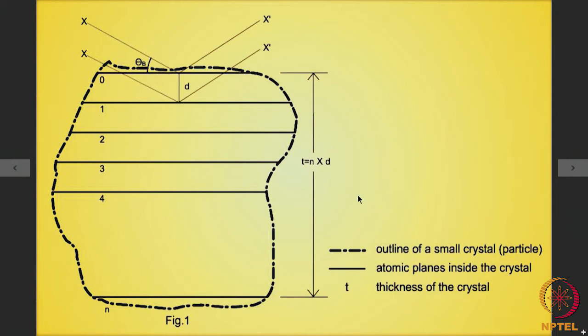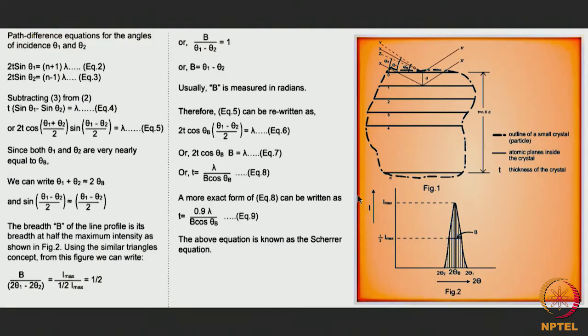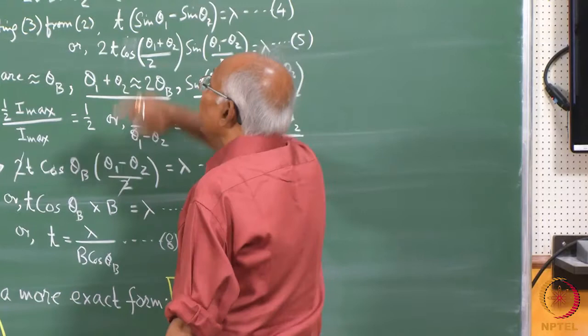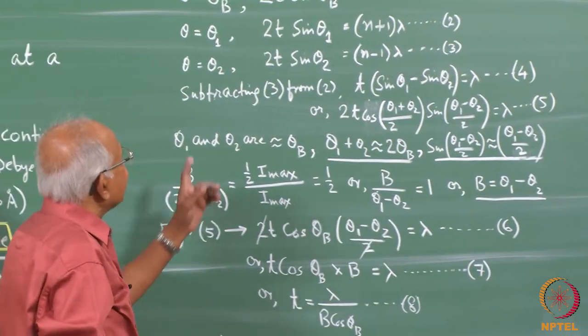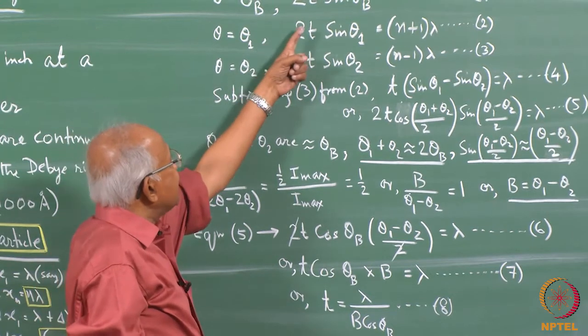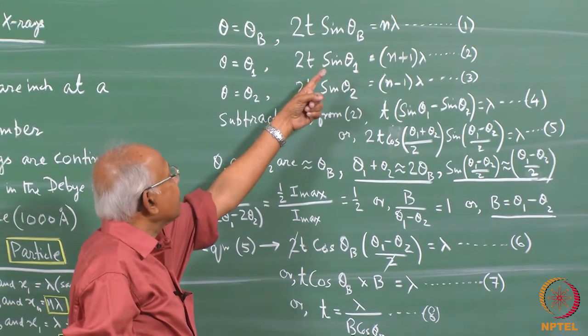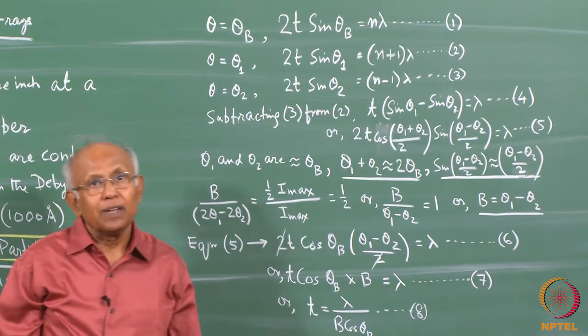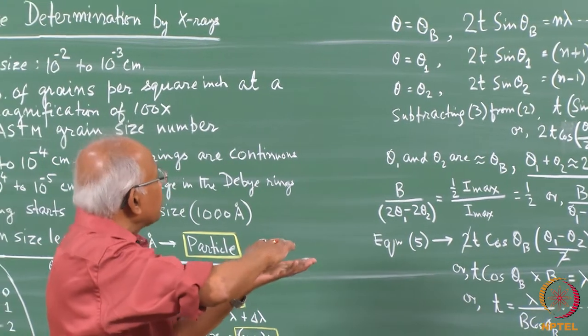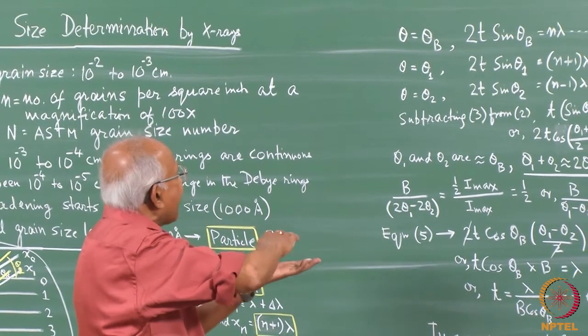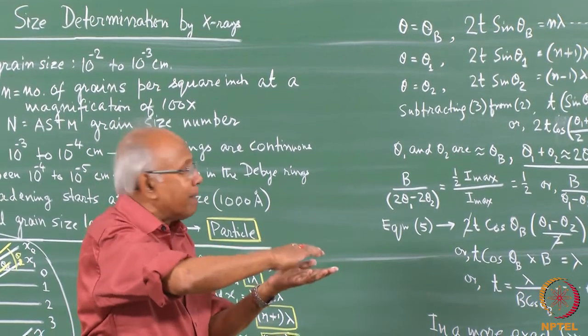Now, when perfect Bragg law is satisfied for this particular crystal, between two consecutive planes, 2d sin theta b is equal to lambda.